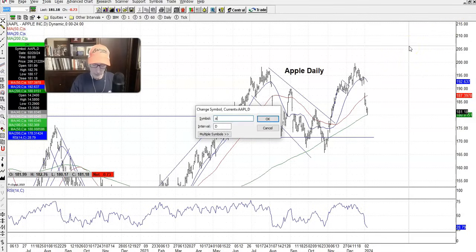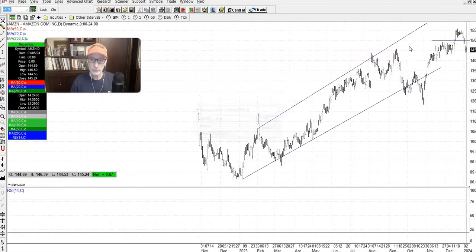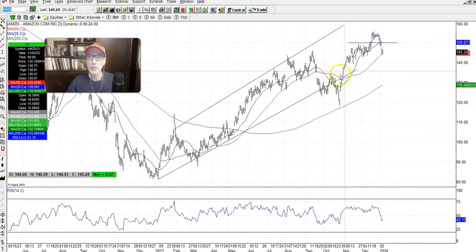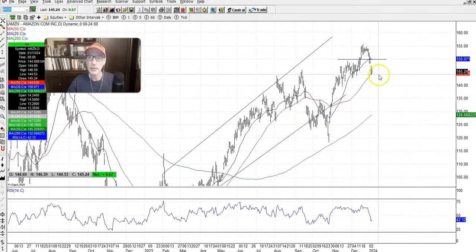That's Apple. Let's look at Amazon, mostly these big tech stocks. Amazon is getting hit in the highs at the end of 2023, with the selling coming in the first week of January 2024. And once again, the 50-day moving average acting just like a magnet. This is not a coincidence. It happens all the time.